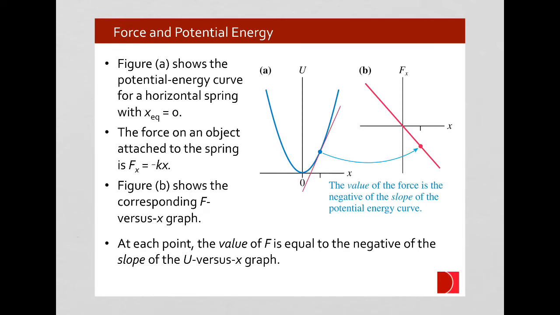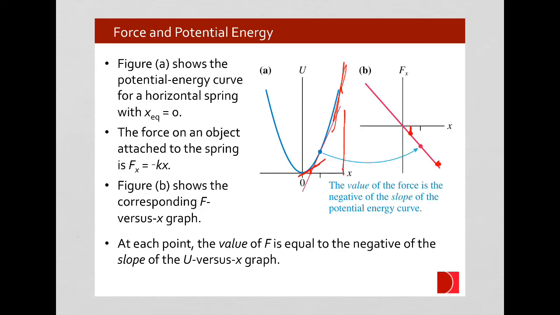When we're looking at the force that the spring would give you because of this potential energy, we see that over here we have a positive slope, and so we would have a negative value of the force. As you move farther up, the slope is greater, and so you would have a larger negative force for a bigger value of x. When you're closer in, the slope is less, and so you'd have a smaller but still negative force for a smaller value of x.